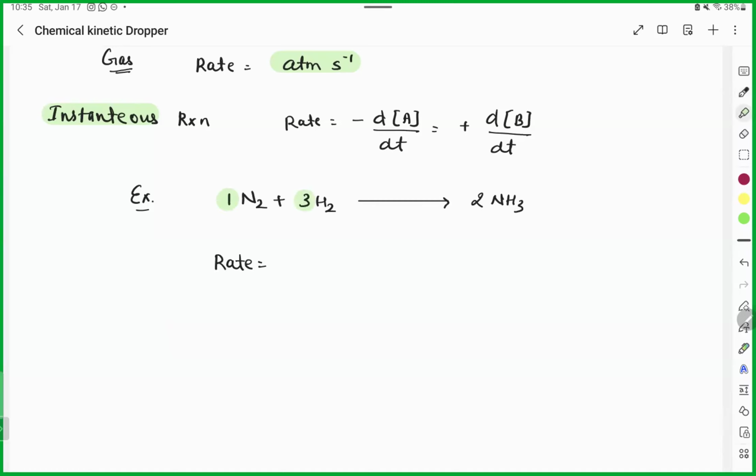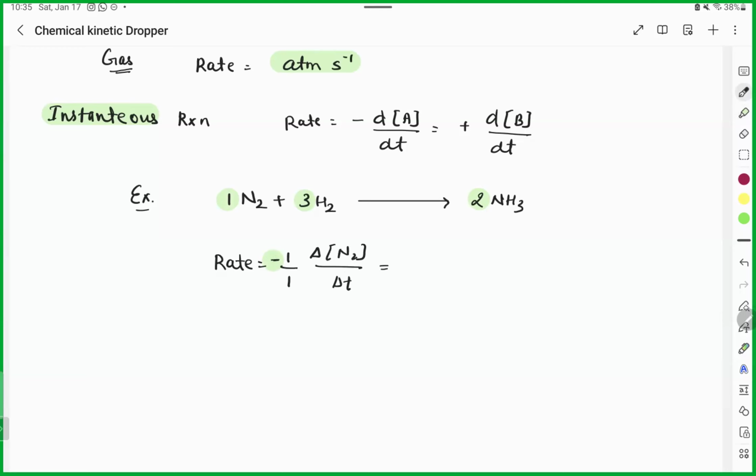N2 and H2 in brackets. Whatever your coefficient is, it will be in the denominator. In the case of N2 the coefficient is 1, so you will write 1 by 1, with a minus sign because it is a reactant. So it will be delta N2 concentration divided by delta t.